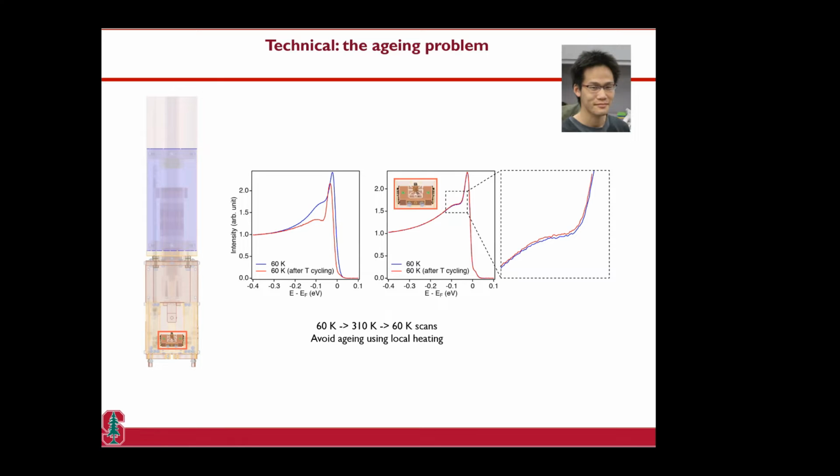Molecules, either O2 or CO, condense on your surface and can take electrons away or add electrons. So your doping may change.